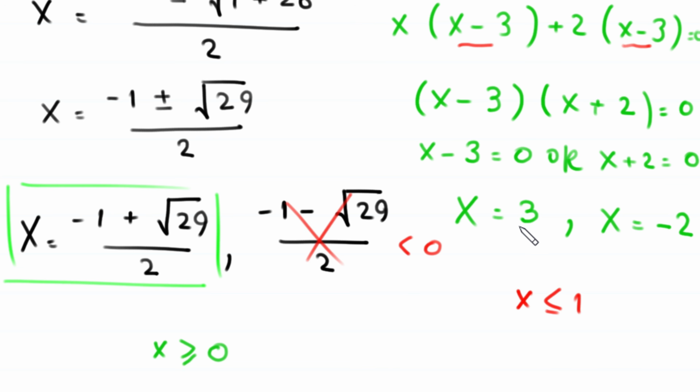Since this value 3 is greater than 1, it will be rejected. And from this second case, we get only one solution, x equals negative 2. So we have two solutions, this is first and this is second.